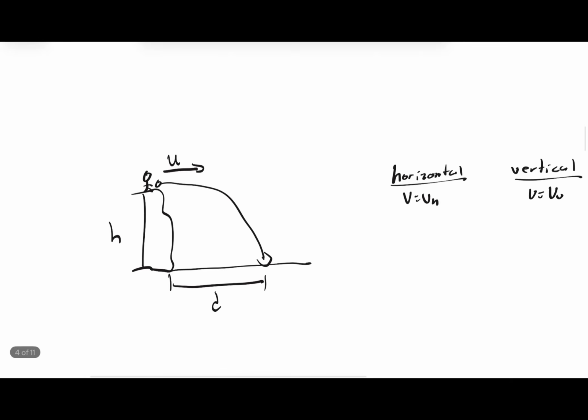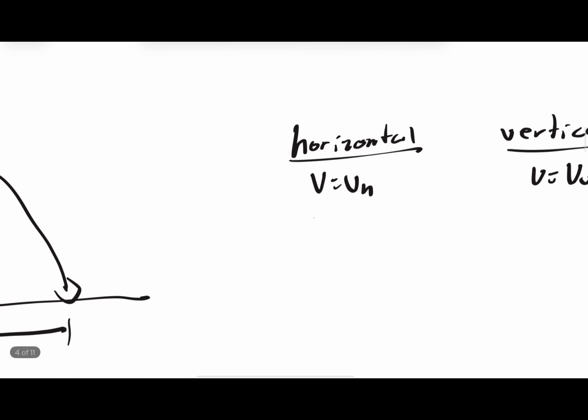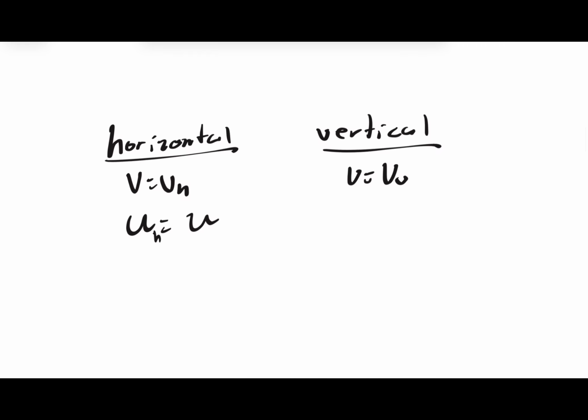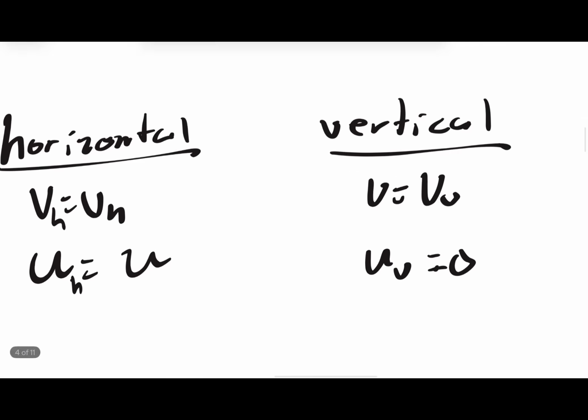And let's look at the horizontal components first. We know that the ball is launched horizontally with an initial velocity of u. So u equals uh. And uv equals 0, because at here, when the person was holding the ball, it was not flying up nor down. Therefore, the initial velocity of going up and down would be 0.